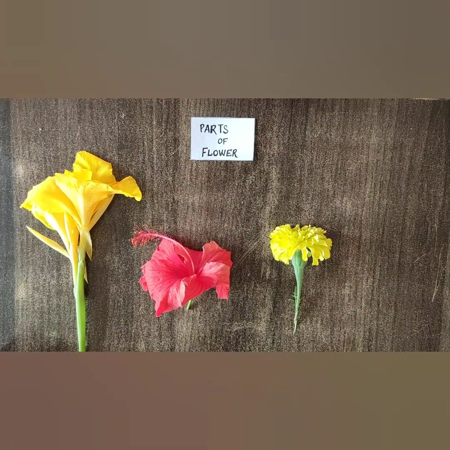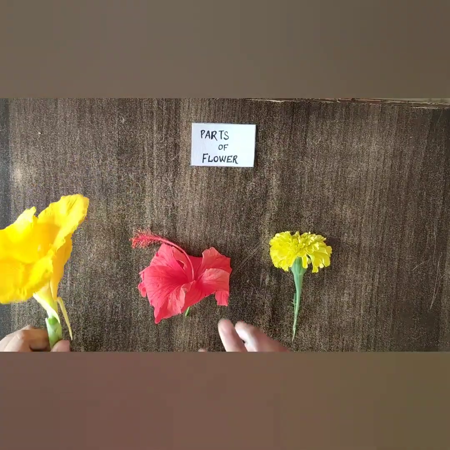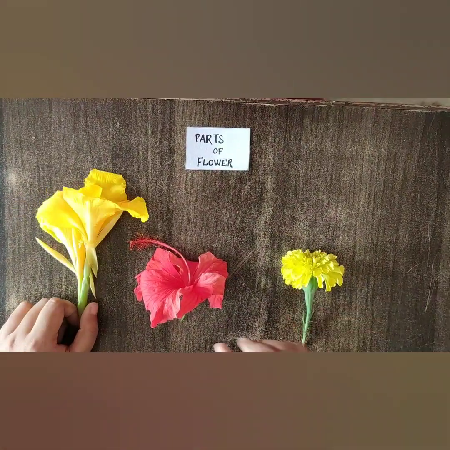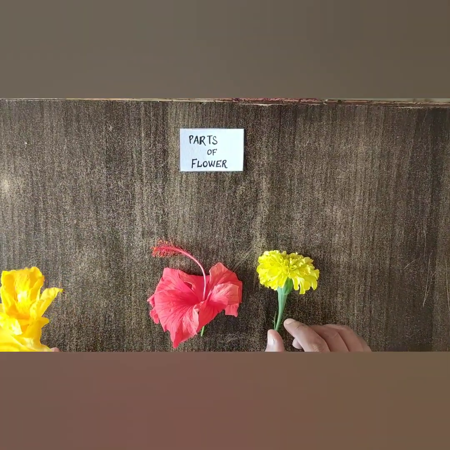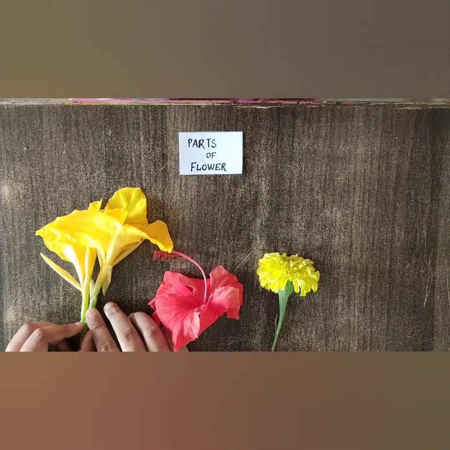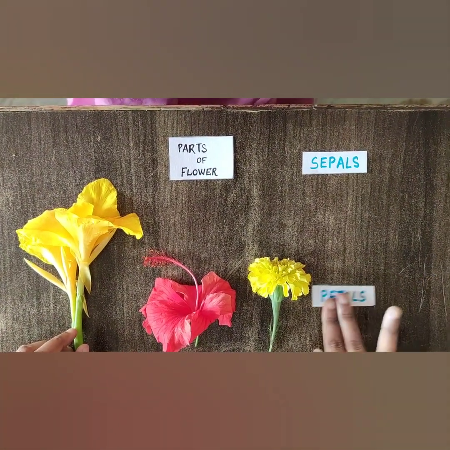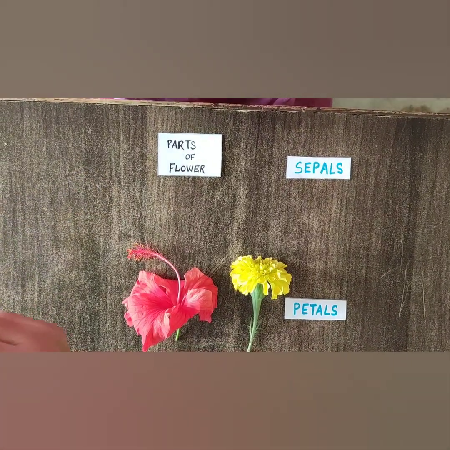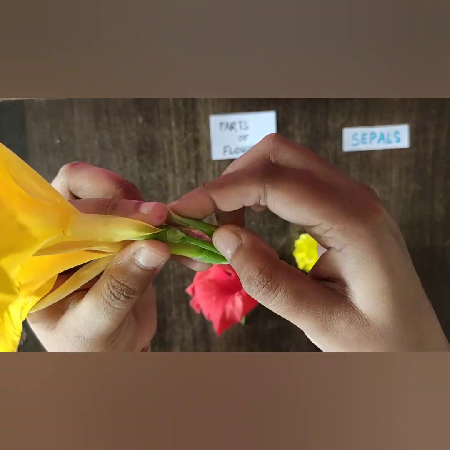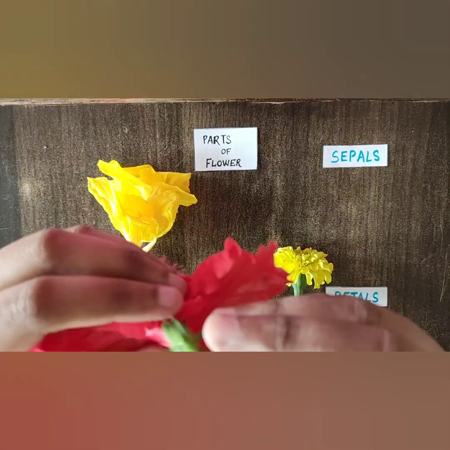So now we are going to study the parts of flowers. Before that, I wanted you to see these three different types of flowers. This is a hibiscus flower, this is a marigold, and this is I think a decorative flower. We are going to recognize two parts. The first part is sepal. Sepal is this green part. In this flower also you can see the green part.